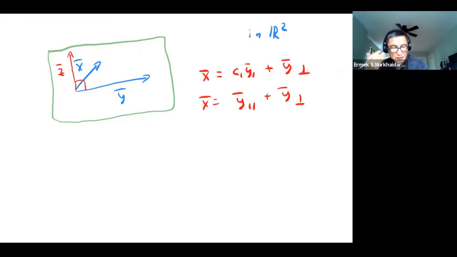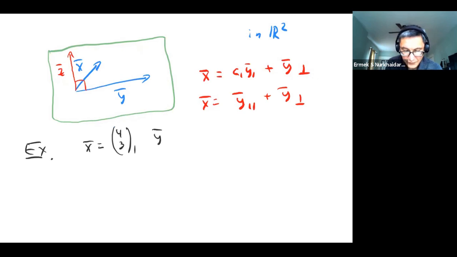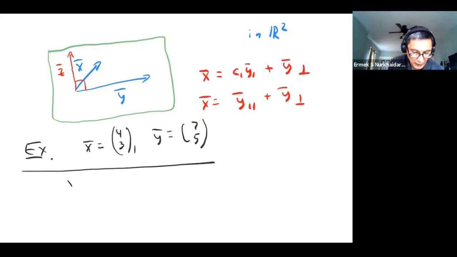Okay. So let's do an example, and then generalize how we could do it. We have vector x, which is (4, 3), and vector y, which is (7, 5). We're going to write x as the parallel part plus the perpendicular part. Now, as we did in the previous case, we're going to use the dot product.